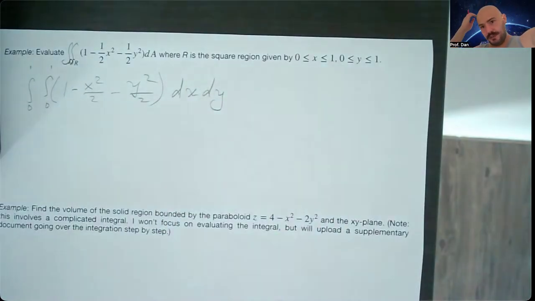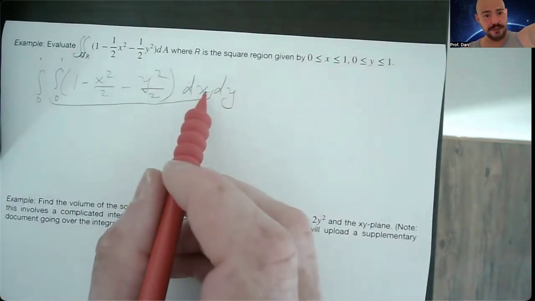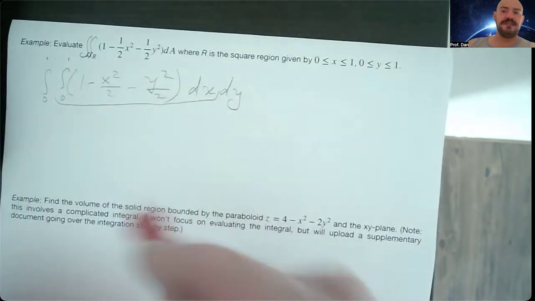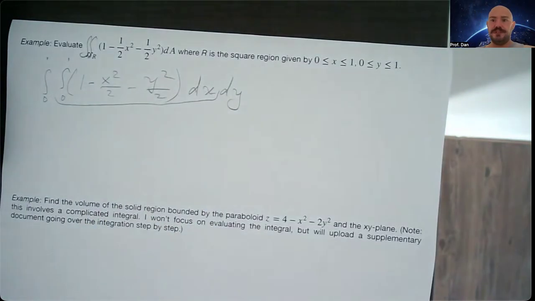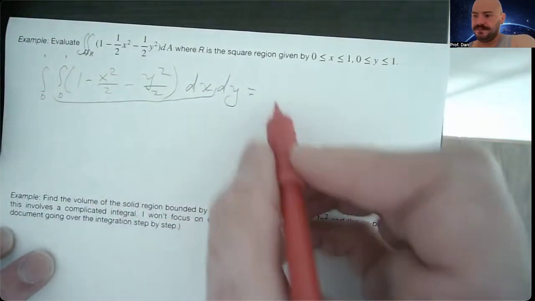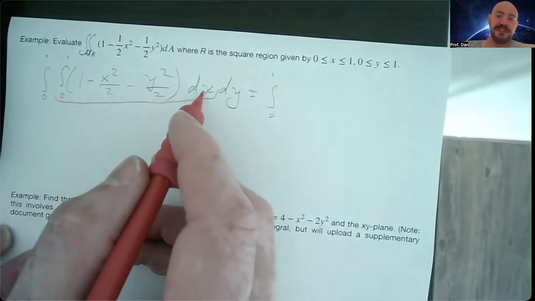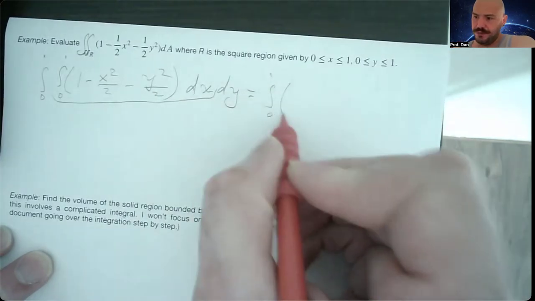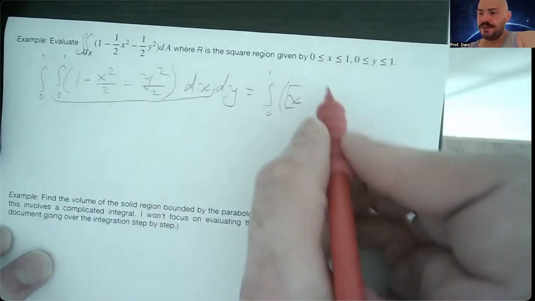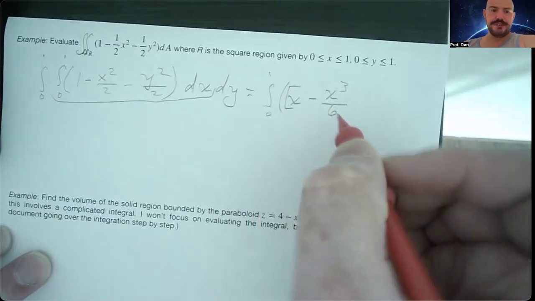Remember, you start from the inside. My inside integral is a dx integral, so any y's that I see are going to be treated like constants, and any x's I see, I have to use my regular typical rules of integration. So taking the antiderivative with respect to x, 1 will become x, x squared over 2 will become x to the third over 2 times 3, so 6.